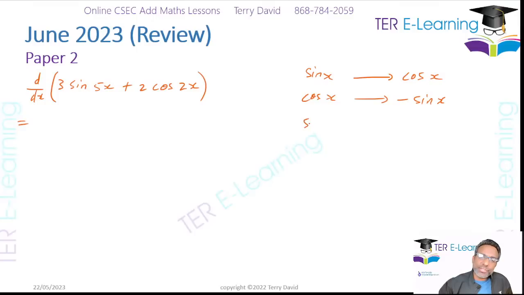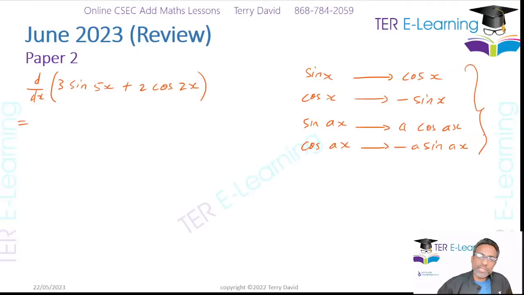If I have to differentiate sine ax, then it's going to be a cosine ax. If I have to differentiate cosine ax, then it's going to be negative a sine ax. You need to know these rules for the exam.